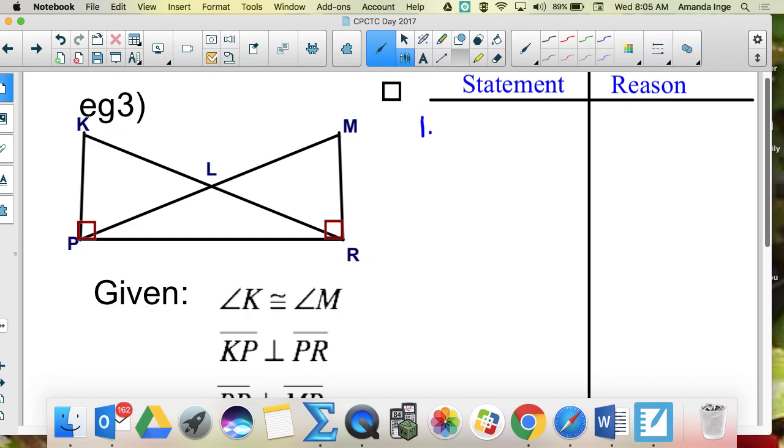All right, so look, we have angle K is congruent to angle M. That is given. We have that KP is perpendicular to PR. That is given.